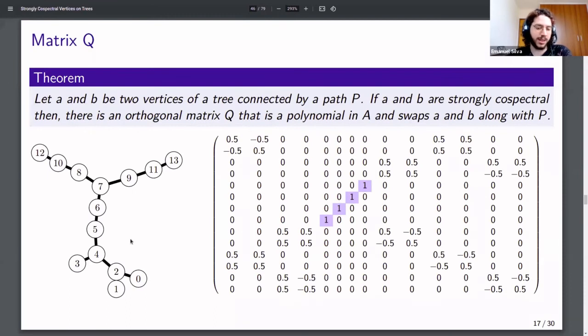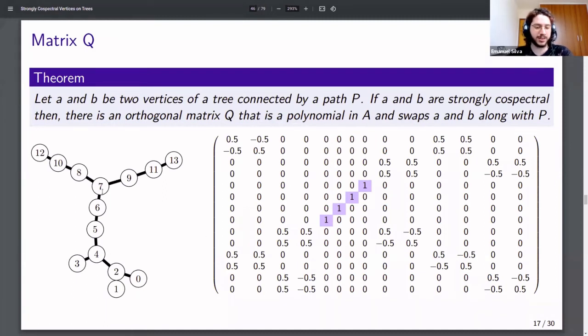So, for example, if we have this tree, which follows from the previous construction, in this case vertices 4 and 7 are strongly cospectral. T1 here would be P3 union K1, and T2 is going to be the two paths on three vertices. We connect T2 to B and T1 to A, and we connect A and B by a simple path.